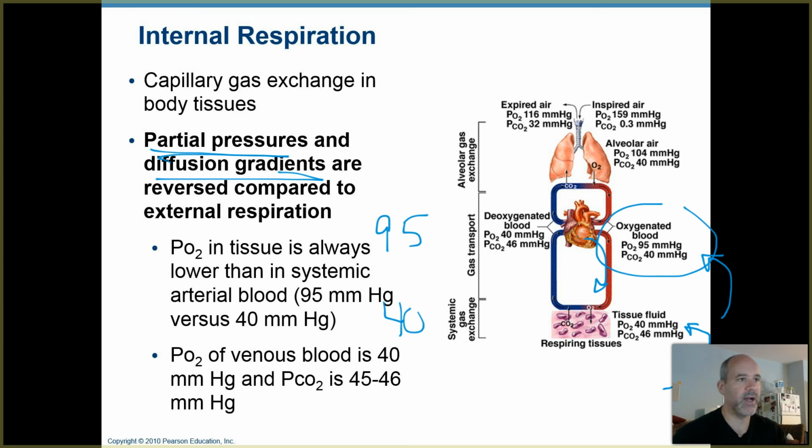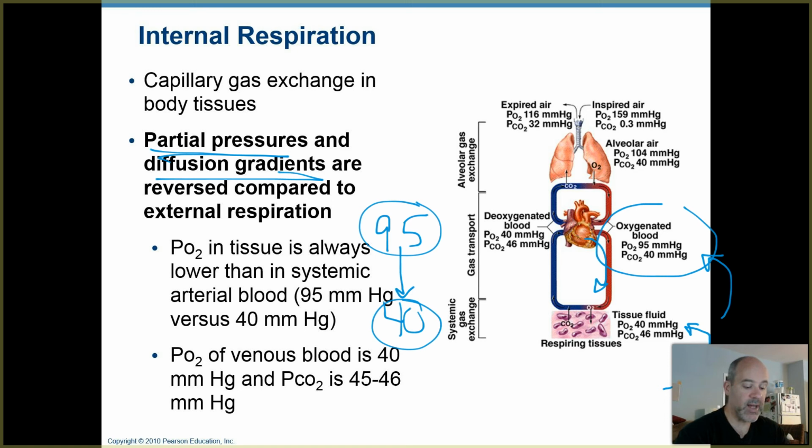Well, which way is the oxygen gas going to diffuse as it's passing through those capillaries that supply a tissue? It's going to move by diffusion out of the blood and into the tissue fluids, and so your tissue fluids become oxygenated. All right, so that number is going to increase in the tissue fluids, and this number is going to decrease because the O2 has moved out of the blood and into the surrounding tissues.